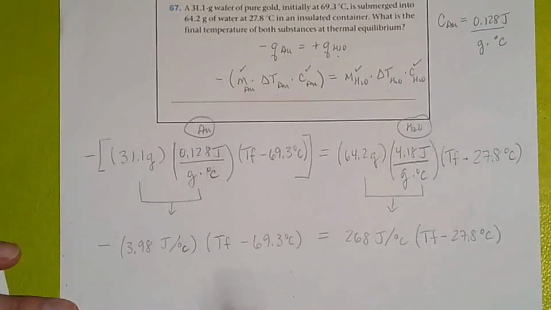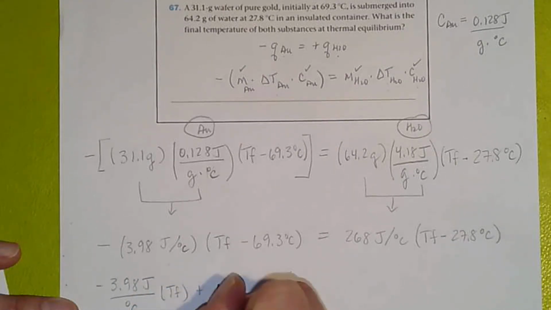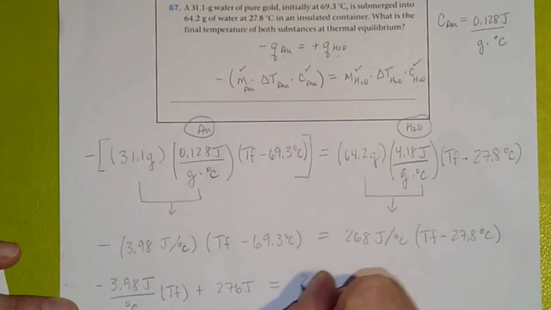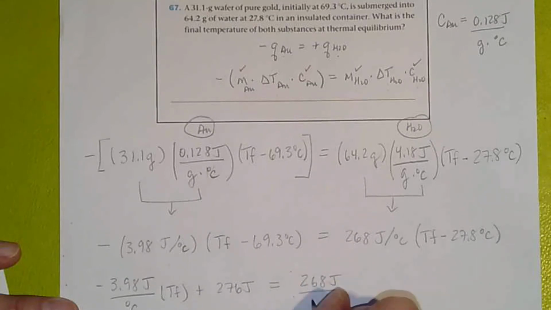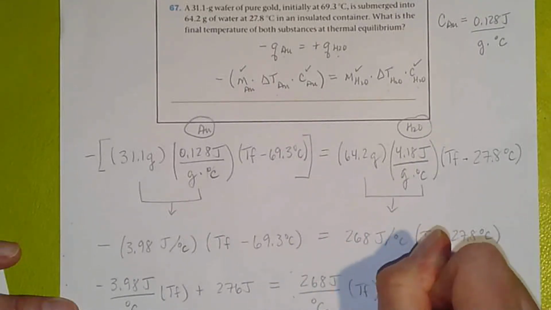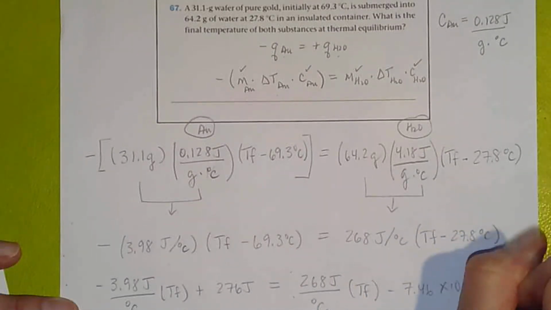All right, then I'm going to distribute these, and that gives me negative 3.98 joules per degree times TF plus 276 joules equals 268 joules per degree times TF minus 7.46 times 10 to the third joules.